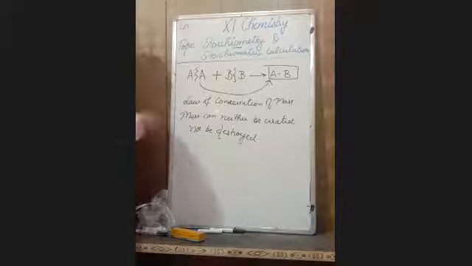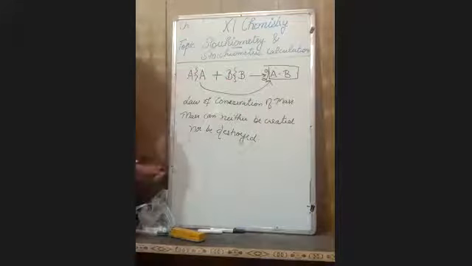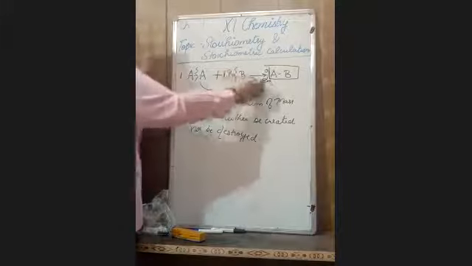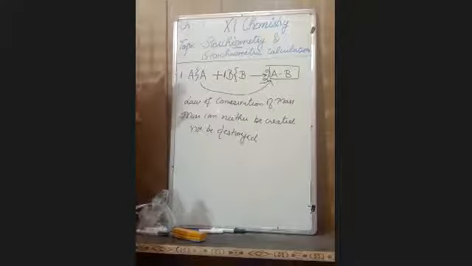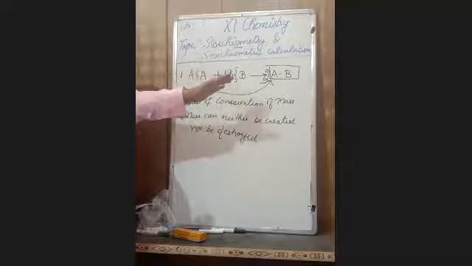So here, if I put 2 here, now it is balanced. It is 1, 1. They combine to form 2 molecules of compound AB. Now, here it follows the law of conservation of mass.